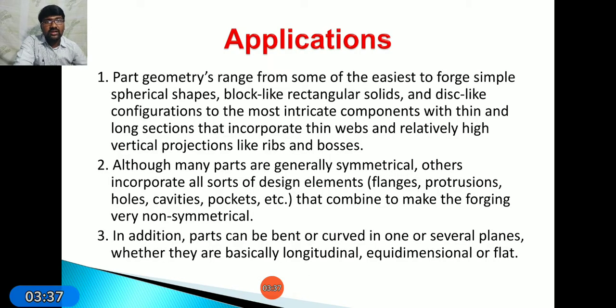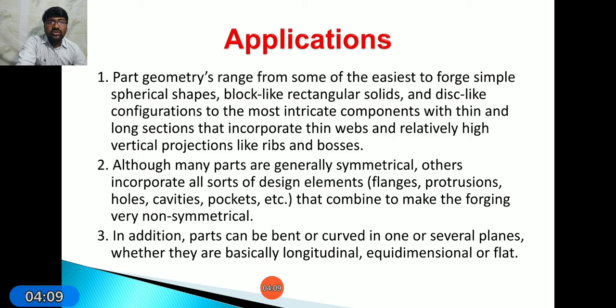Next, coming to applications of the impression die forging process. Part geometry ranges from some of the easiest to forge, such as simple spherical shapes, block-like rectangular solids, and disc-like configurations, to the most intricate components with thin and long sections that incorporate thin webs and relatively high vertical projections like ribs and bosses. All these parts can be made using this process.